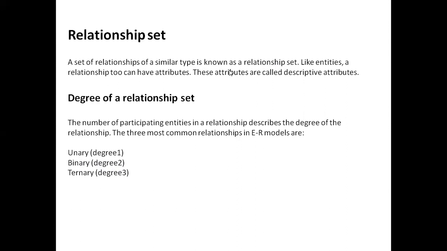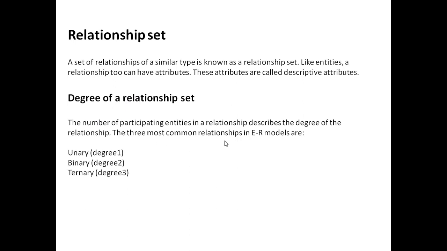Like entities, a relationship too can have multiple attributes. These attributes are called descriptive attributes. Whatever kinds of attributes we use for entities can also be used for the relationship. According to the number of participating entities, there are multiple degrees.